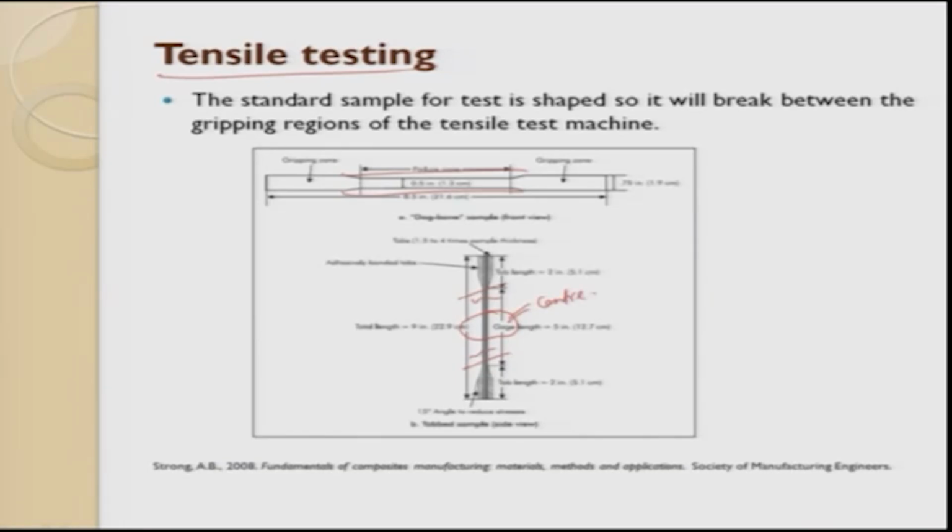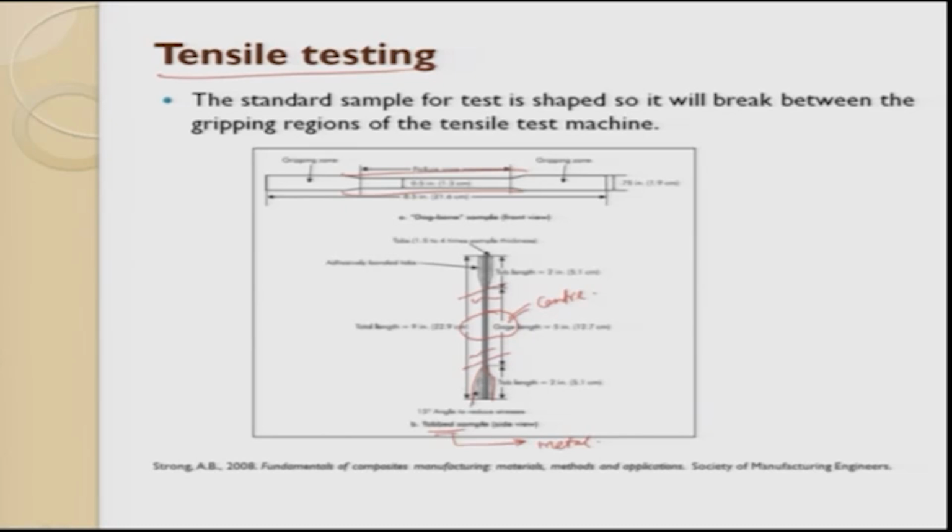So to avoid this, we always put something called tabs. These tabs are made out of metal, a tabbed sample. These metal tabs are stuck on by using a very strong adhesive, and then we clamp it between grippers.